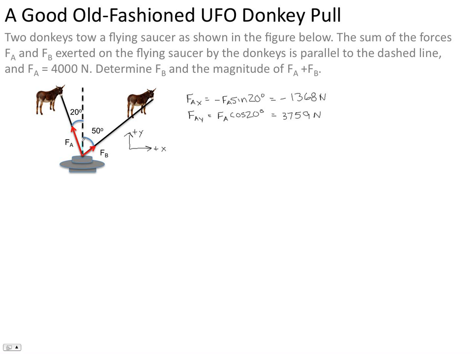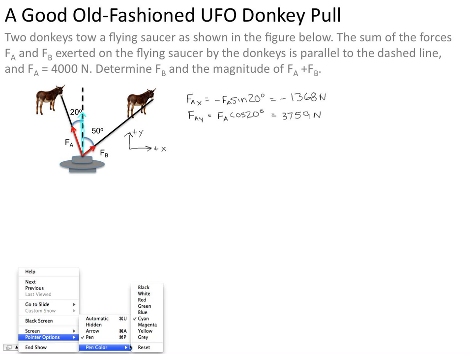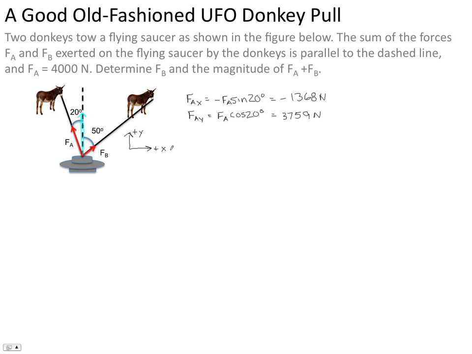The sum of these two forces is going to point along this dashed line right here, which means that the resultant vector Fa plus Fb, or another way of saying this mathematically, is that the net force in the x direction will be 0. This resultant vector has no x component. The net force in the x component is 0.